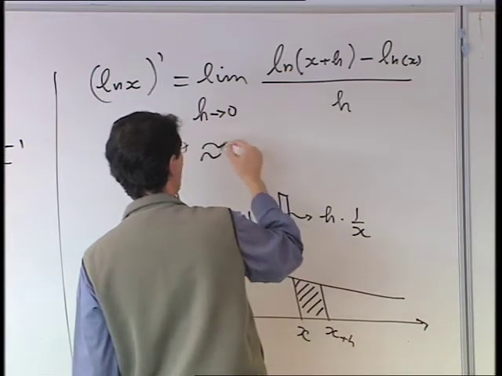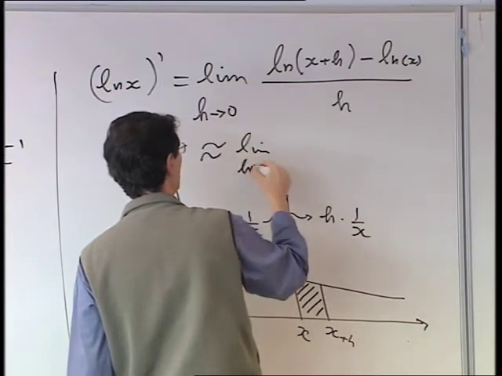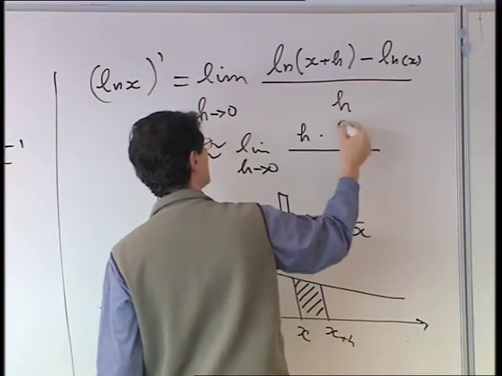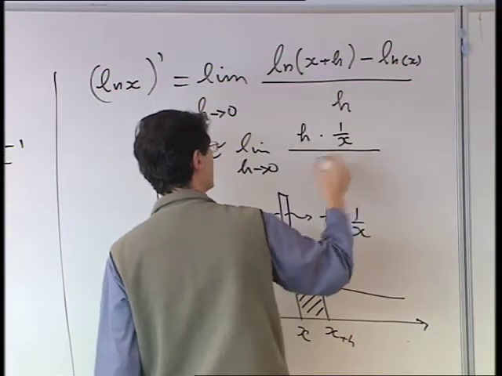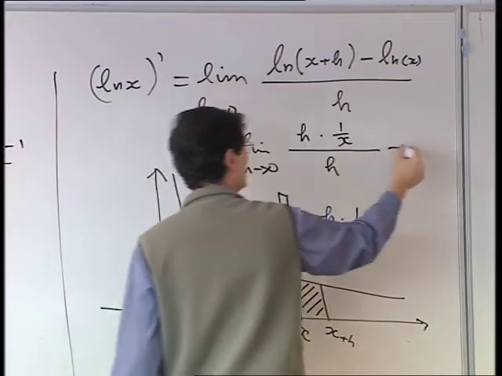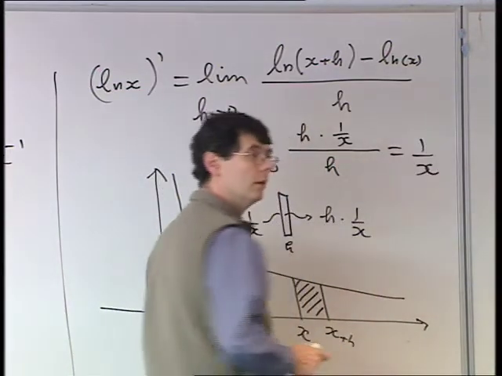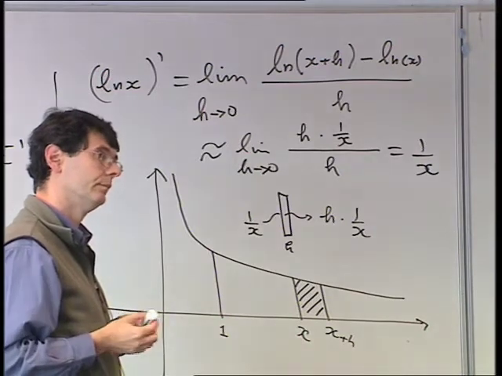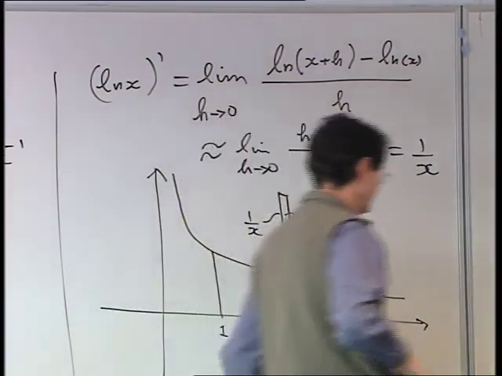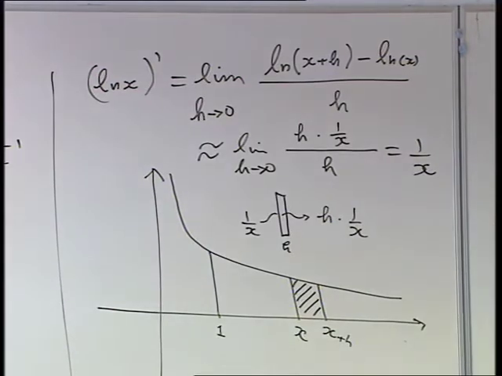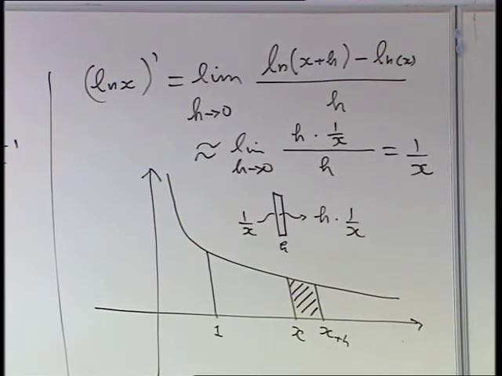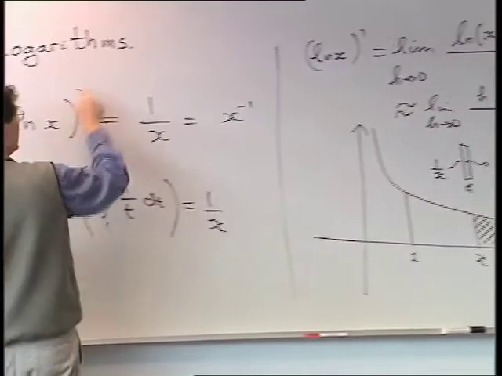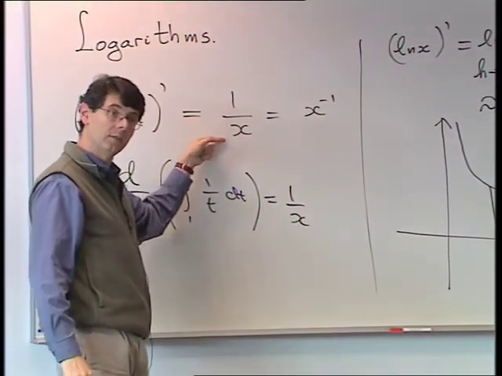So this is approximately the limit when h goes to 0 of h multiplied by 1 on x divided by h. The h's cancel, and you're left with 1 on x. So I gave you two explanations of why the derivative of a log is 1 divided by x.